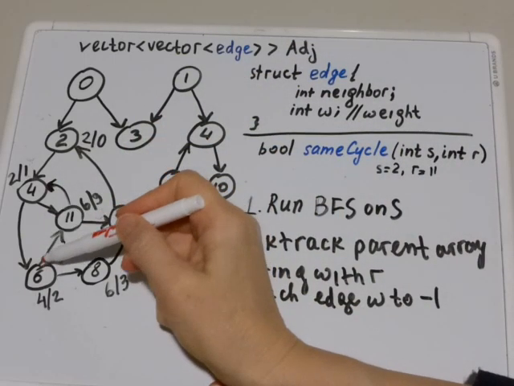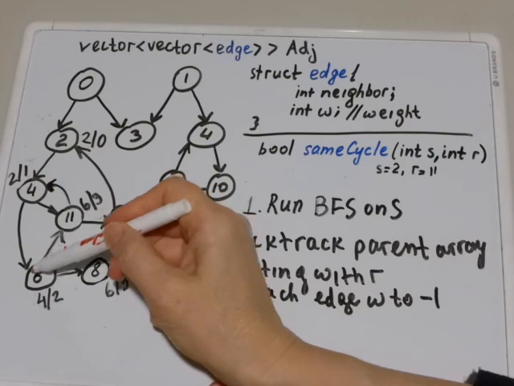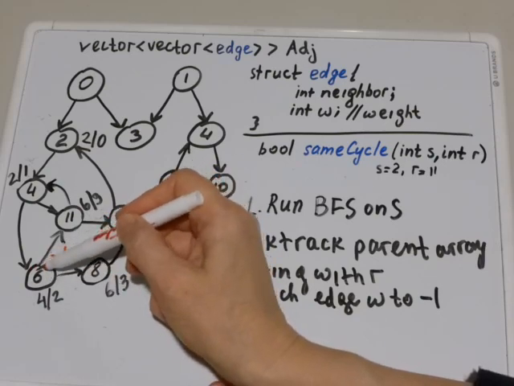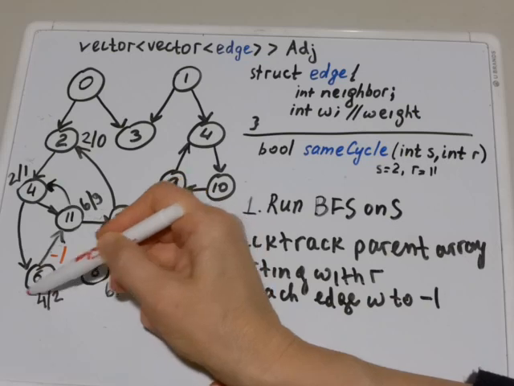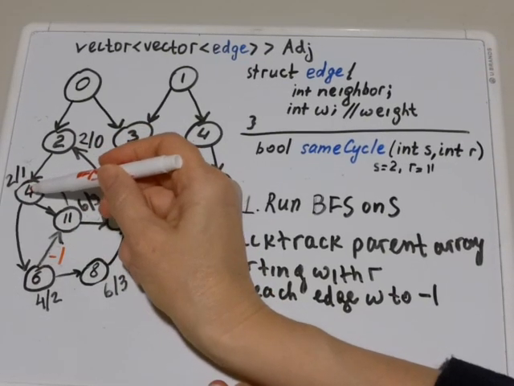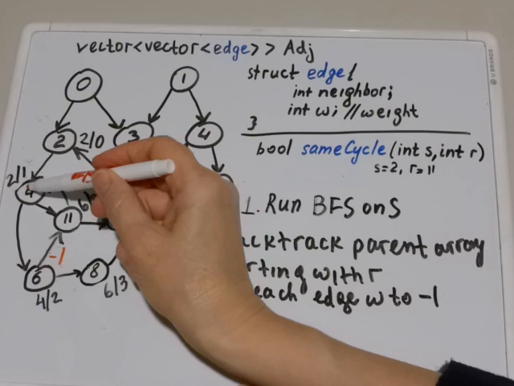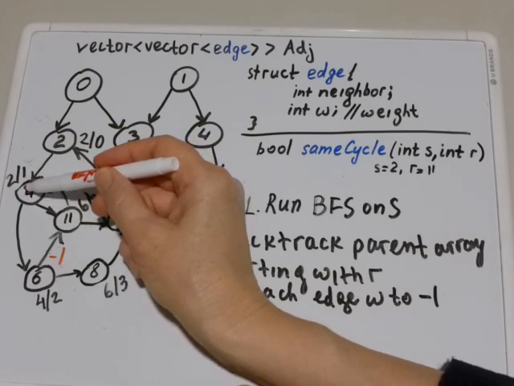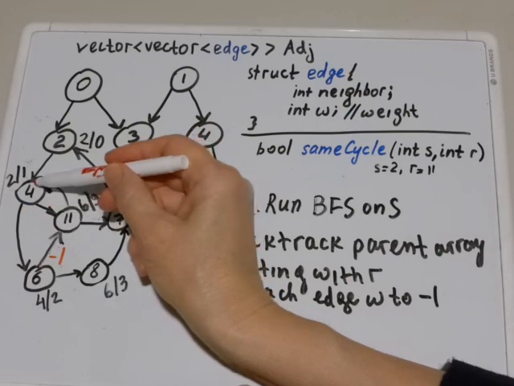After that, we call the same backtracking function on parent of 11, 6. 6 has parent 4, so it will go to 4. And here we need to go through adjacency list of 4. It might have more edges than 1.